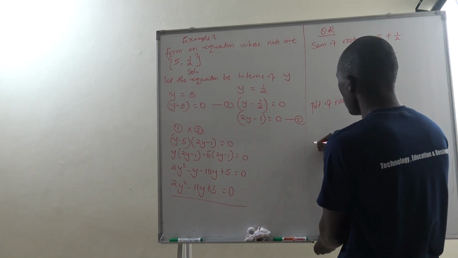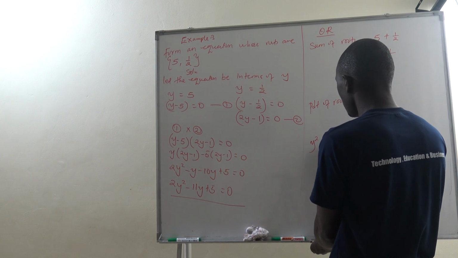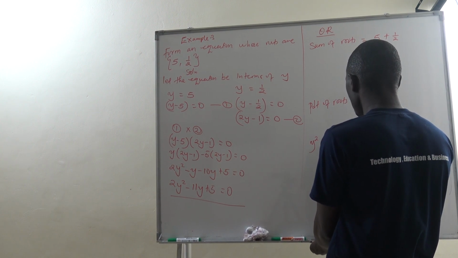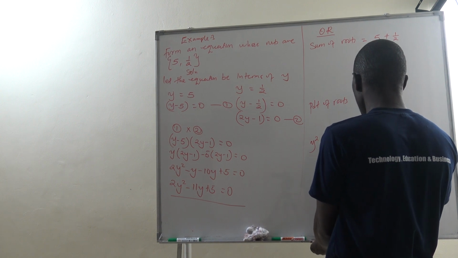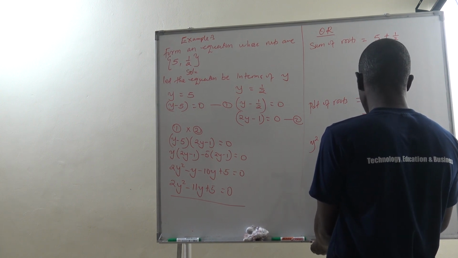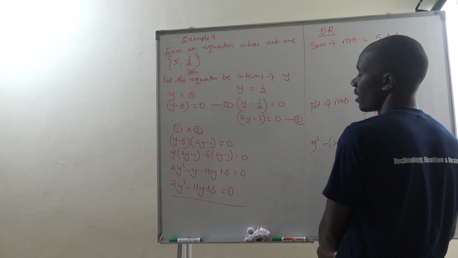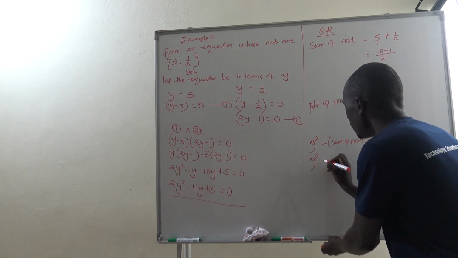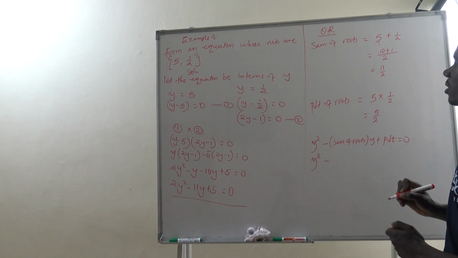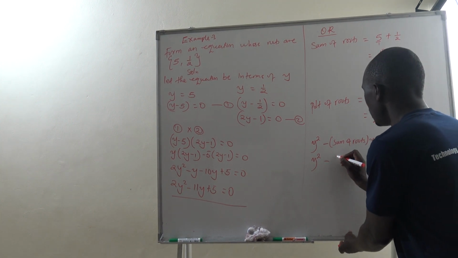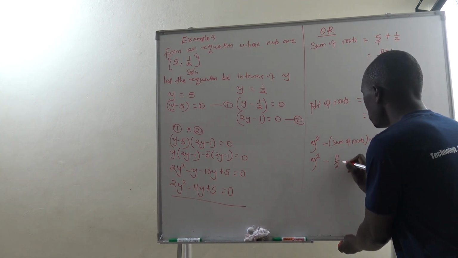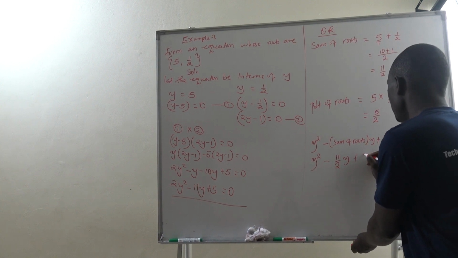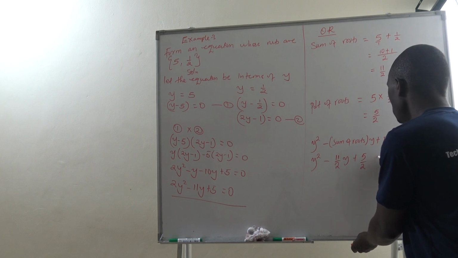You can say y squared minus sum of roots y plus the product equals 0. So we are going to have y squared minus 11 out of 2 y plus 5 out of 2 equals 0.